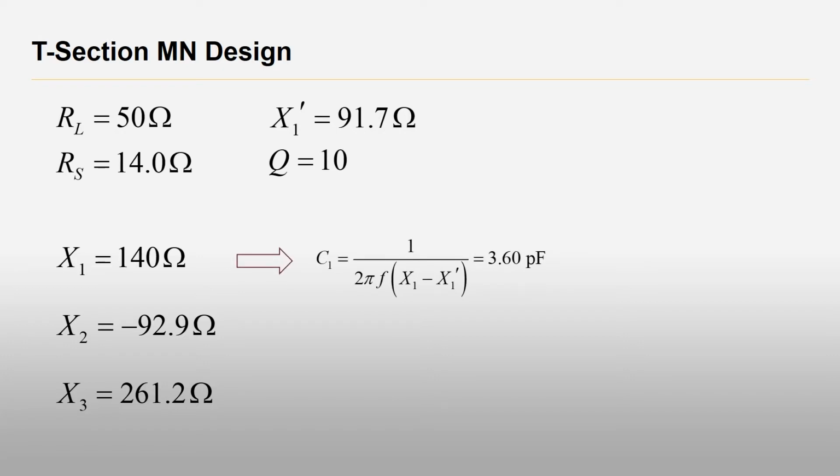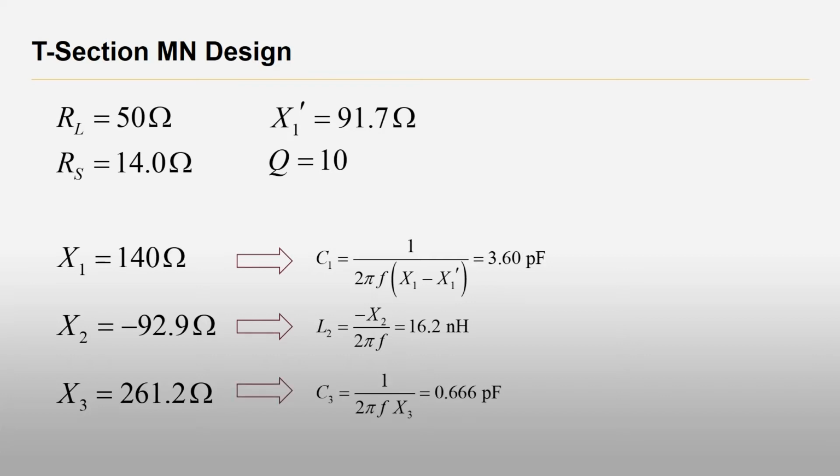So C1 is the capacitance that we have to use in order to bring X1 prime up to X1, and that gives us a value of 3.60 picofarads. Since X2 is negative, minus X2 is positive, so that gives us an inductance of 16.2 nanohenries. And X3 then gives us a capacitance of 0.666 picofarads.